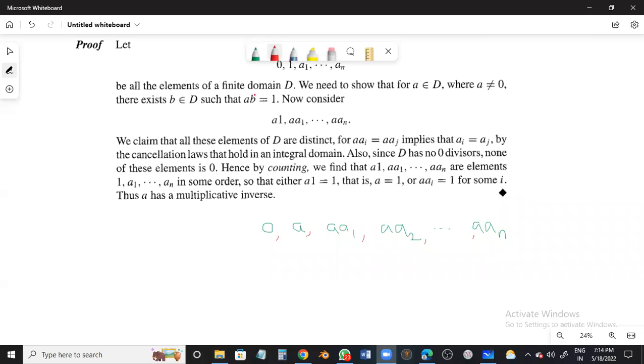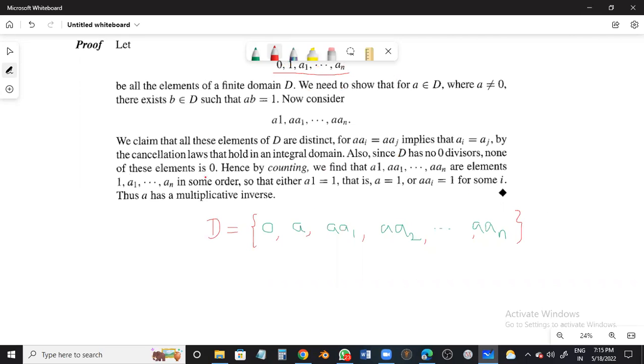But you know your operation is a binary operation because it's a ring, so you got back your D here. What was your earlier D? It contained 0, 1, a1, a2 up to an.